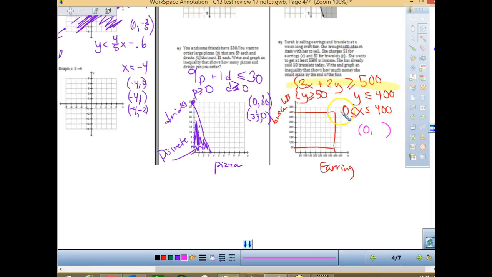If x was 0, I'd have 2y greater than or equal to 500. What would I have for y? 250. Okay? So my y should be up at 250, right?